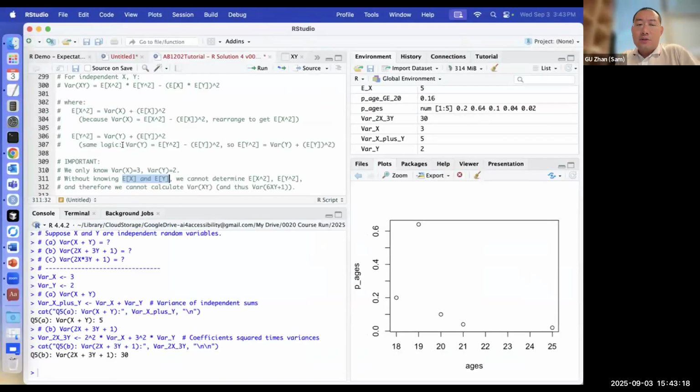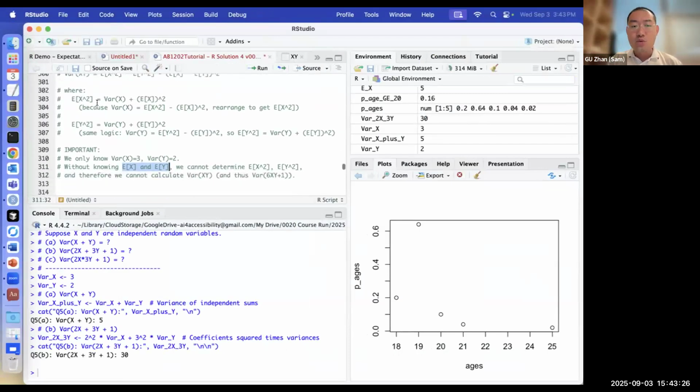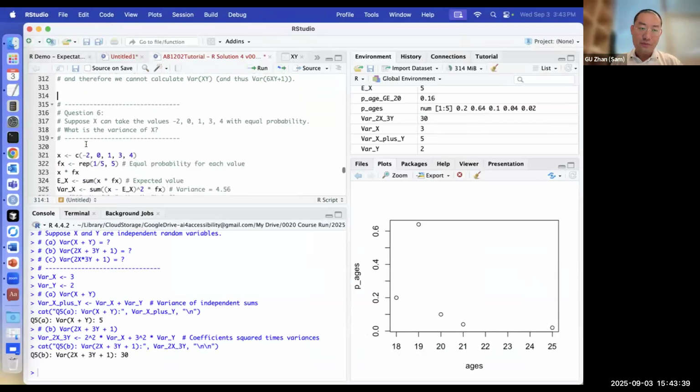So in order to calculate the variance of x times y, we need to know the expected value of x and y, which we do not know at the meantime, right? Since we do not know, we will not be able to calculate the variance of x times y. Okay, so this is just an add-on for you.